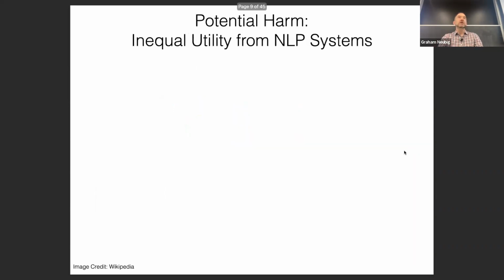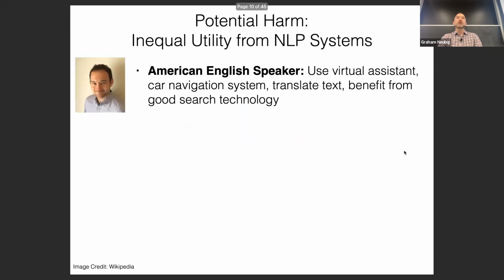A very clear example of the problem is if we think about how well NLP systems work for different people. If we think about how well it might work for an American English speaker, I can use a virtual assistant, just using me as a stereotypical example. I can use a virtual assistant. I can use a car navigation system, translate text, benefit from good search technology.